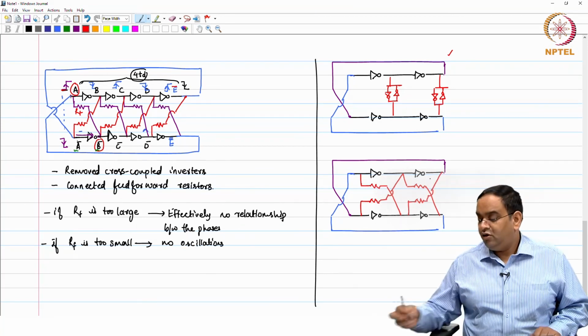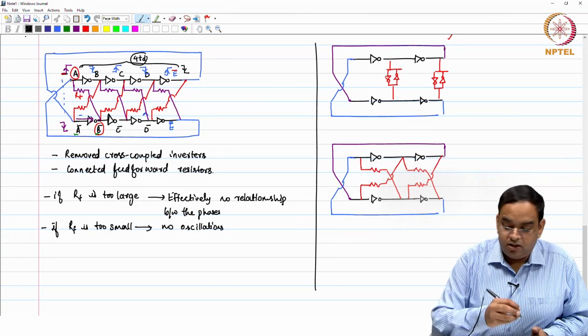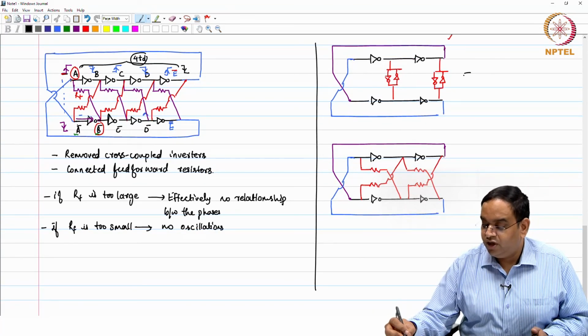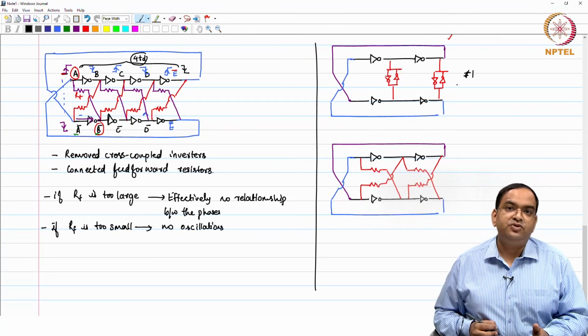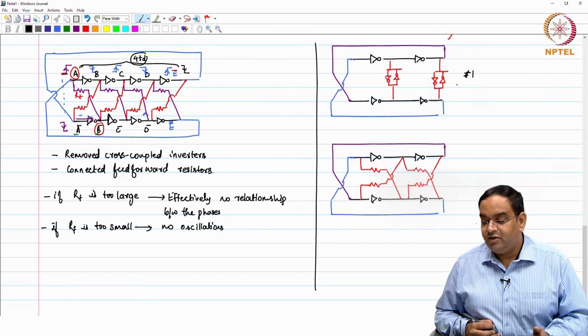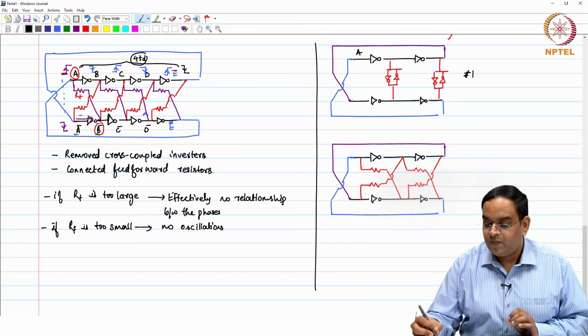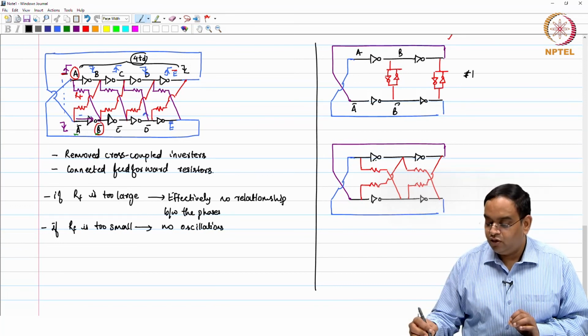The other option which you have is the following. Okay. So, out of these two options, what you will find is that this option 1 is something which you can realize, and it is going to oscillate because you have cross coupled inverters which maintain the phase relationship quite effectively as compared to your oscillator using resistors.